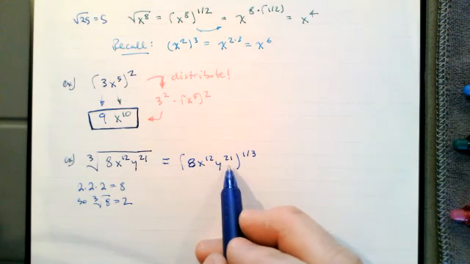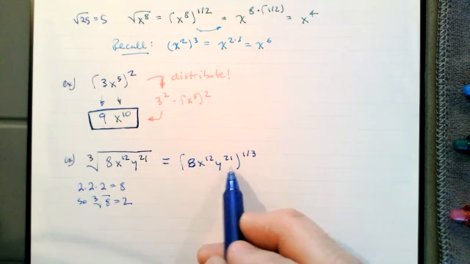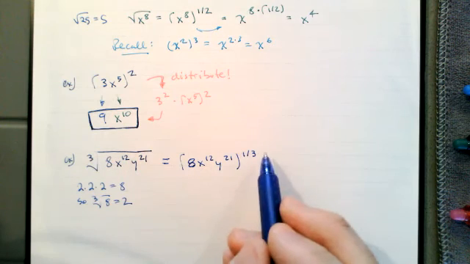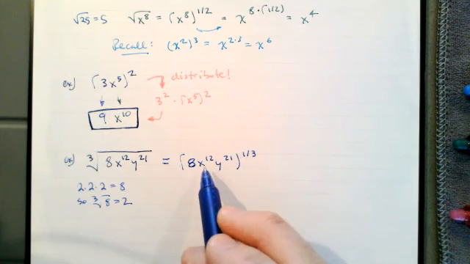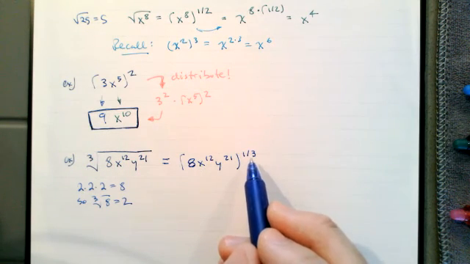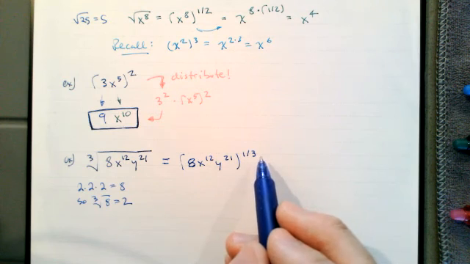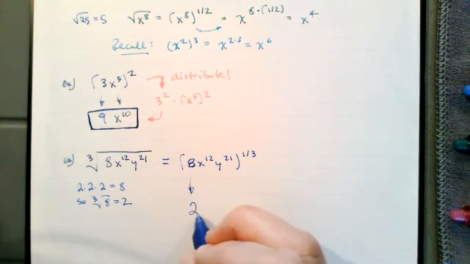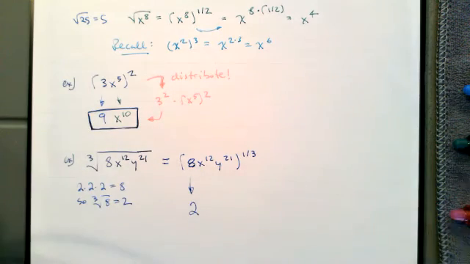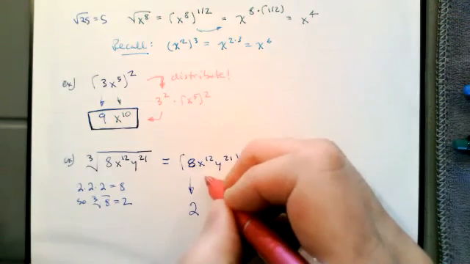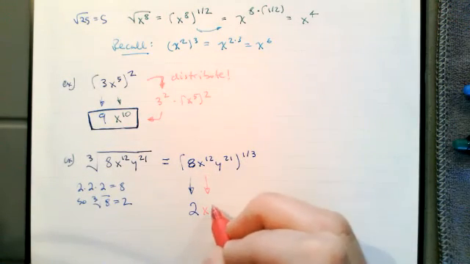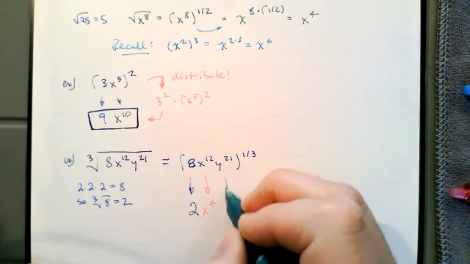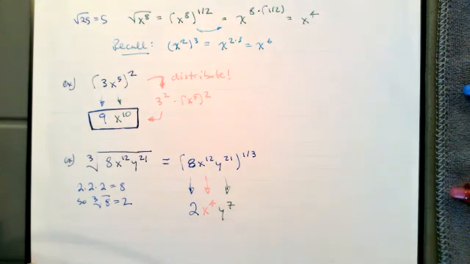Then for the exponents, the index of the radical is the denominator of the exponent. So this is x to the 12 over 3 and y to the 21 over 3. So the cube root of 8 is 2. X to the 12 over 3 is x to the 4. And y to the 21 over 3 is y to the 7.